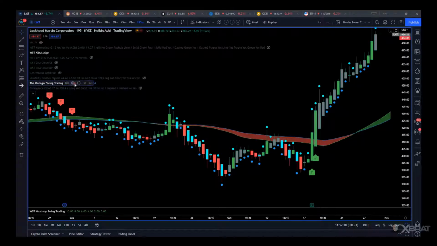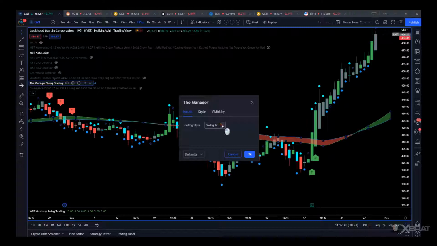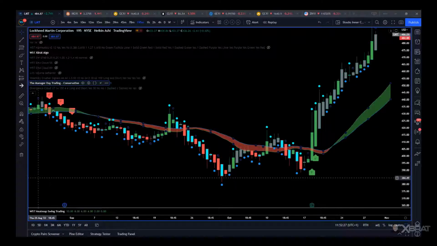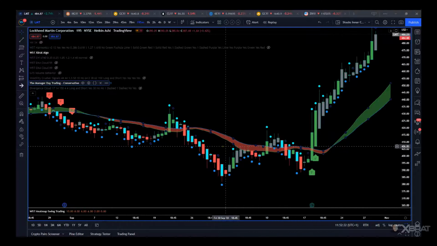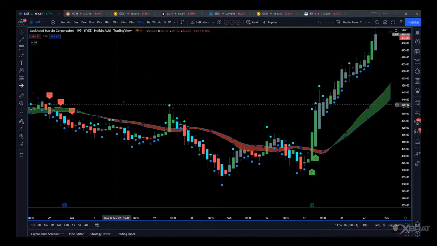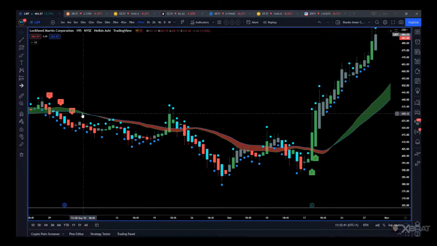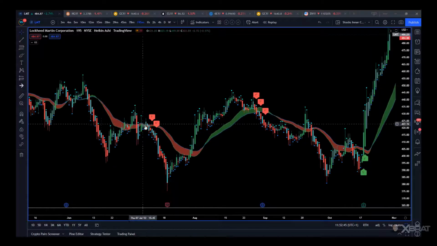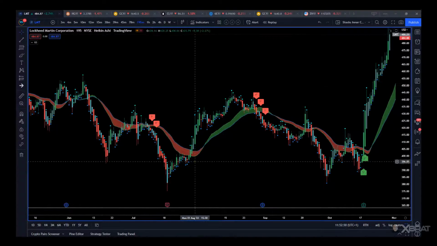If we change that to day trading moderate, or even day trading conservative, it gives us a tighter type of stop scenario with the cloud. So I've gone day trading conservative on this because we're on the 195. I know we're swing trading, but it's just the setting that really allows us, when we look back, to follow some great looking trades and maximize those profits here.